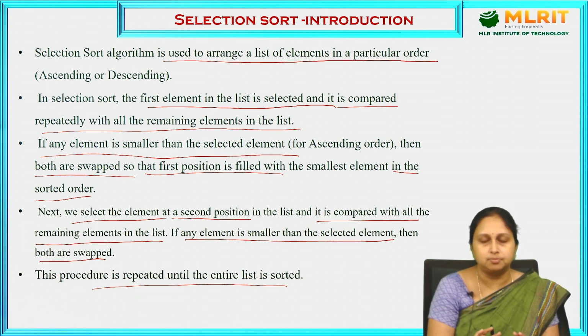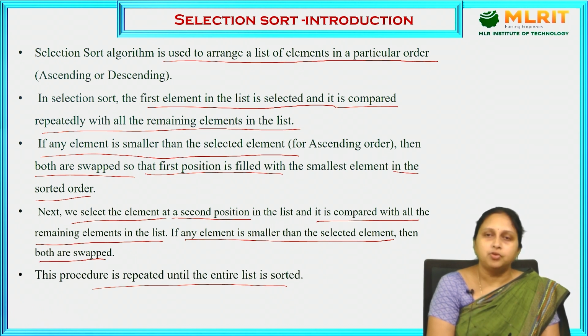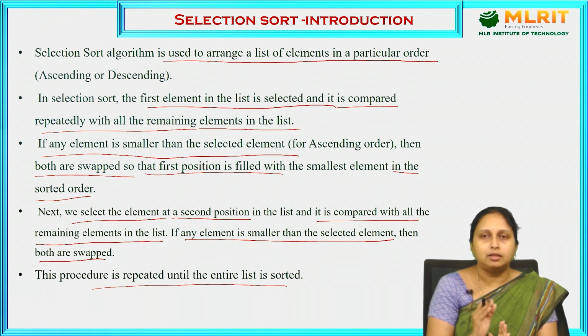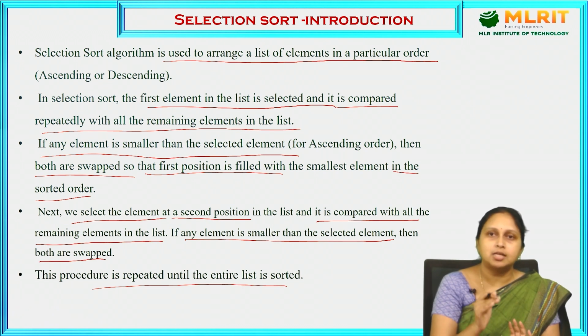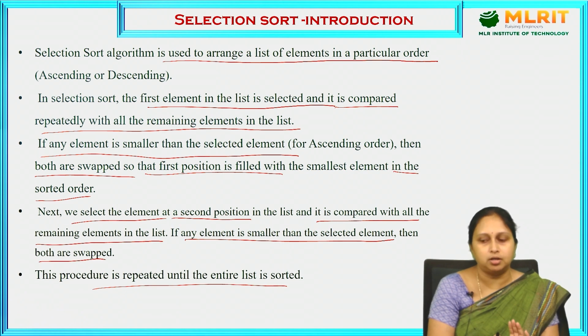After swapping, we take the second element in the array and compare it with the second minimum element in the list. Now both are swapped. This procedure has to be repeated until all the elements come in sorted order.